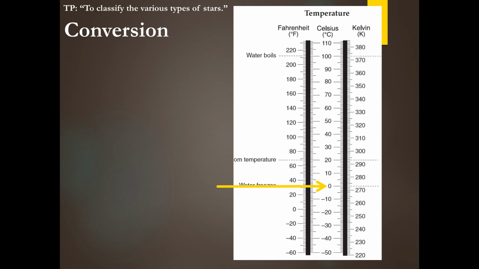I find 0 degrees Celsius, and if you go across from 0 degrees Celsius, it's roughly 273 Kelvin. Anytime you have a Celsius reading, you just add 273 to it. So in the question, 13,000 degrees Celsius would be 13,273 Kelvin. You're just adding 273 to it.